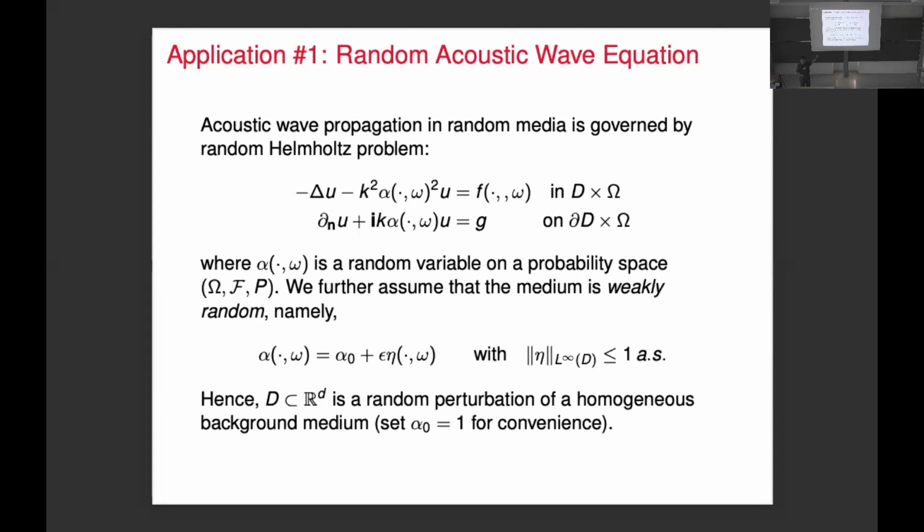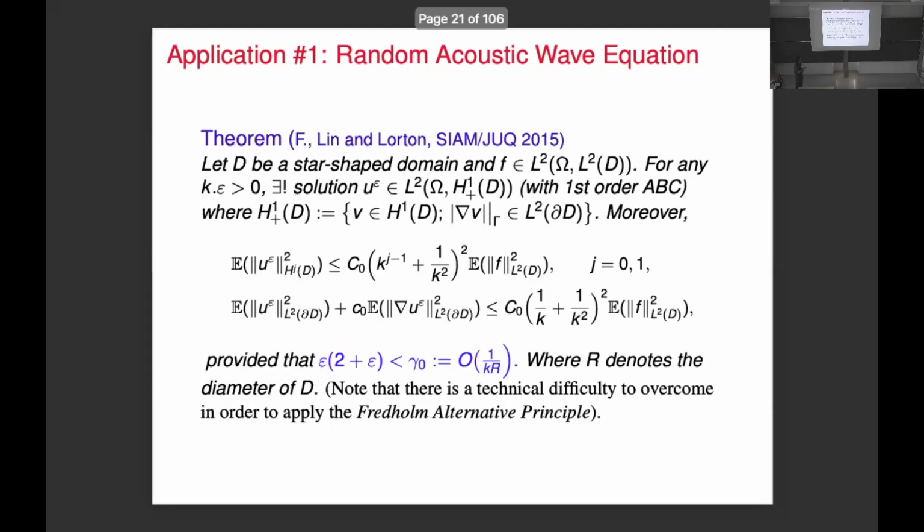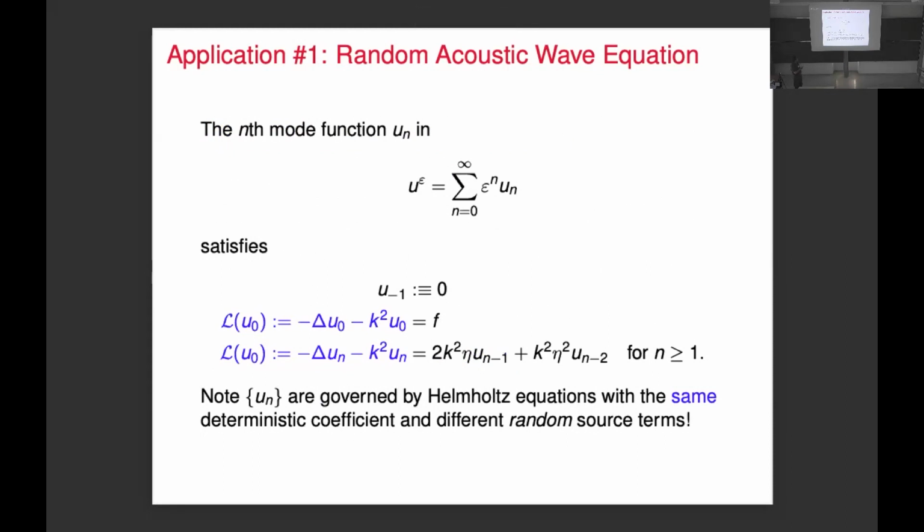Actually, I think you can make this alpha 0 of x, as long as it is independent of omega and satisfies the elliptic condition. Otherwise, you have alpha 0 of x there. But independent of omega, that's the key. Deterministic operator. Okay. So now you can see this example shows exactly what the operator is.